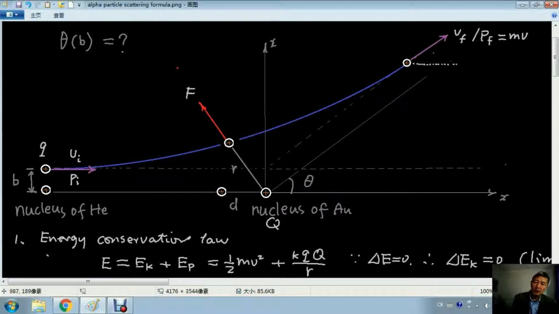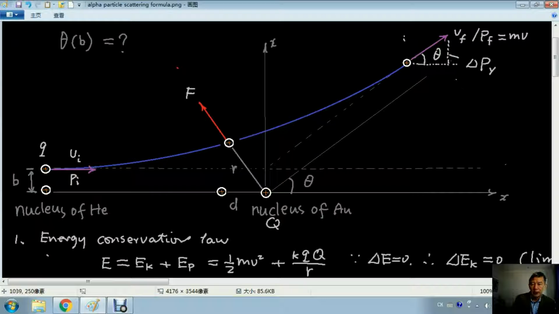Notice that the direction of the final momentum and the horizontal line will give the same theta, that is the scattering angle. Here is an opportunity to introduce theta in relation to the change of momentum. So that side will represent the change of momentum in the y direction in this triangle.